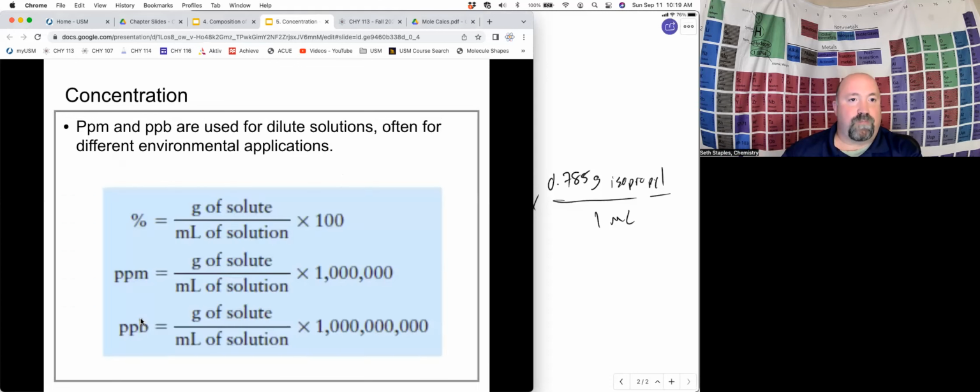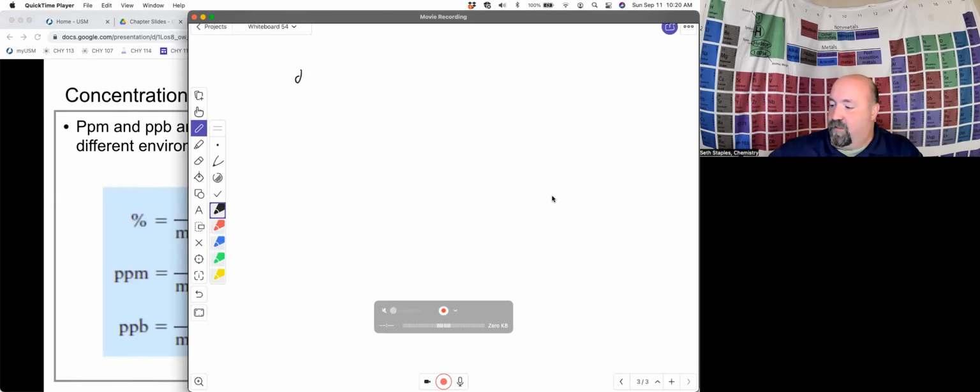If we want to know how much of a particular contaminant might be in a solution of water, might be in our groundwater, or in a certain river body, like in the Green River Project, for those of you in CHY 114, we quite often use these parts per million or parts per billion. Fairly easy calculation. So you would go from maybe something like this, which is a percent mass to volume. That's not one that was in our initial examples, but that's another fairly common one as well.